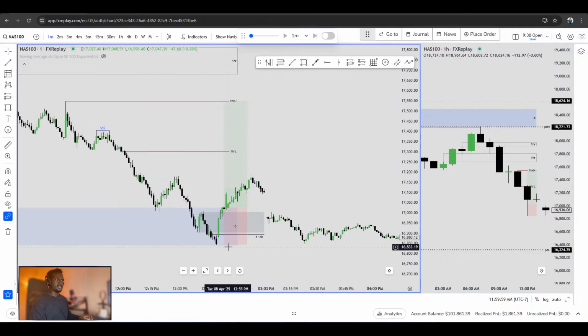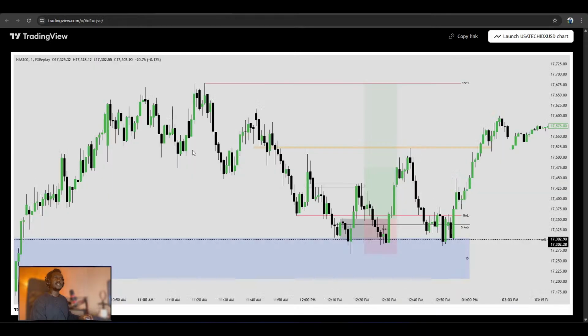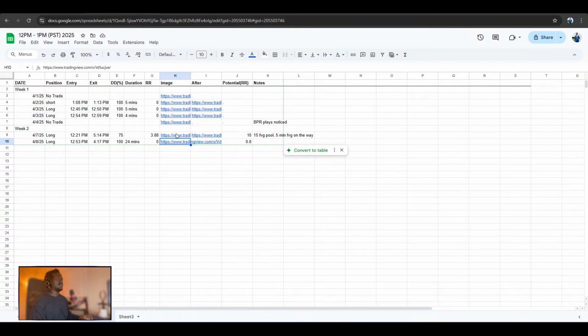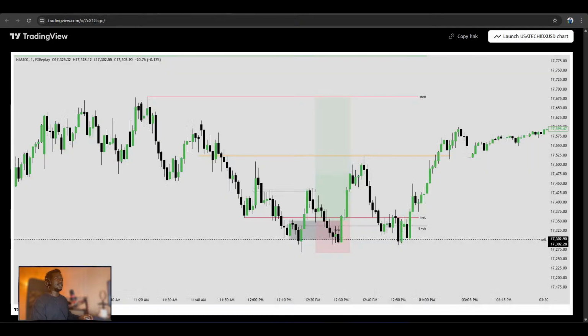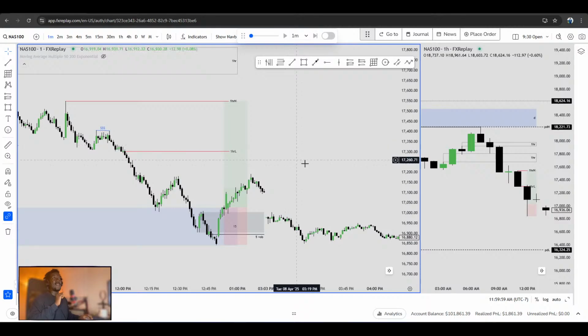So that trade was entered at. Wait, let's see. Let me find it. 12:53. What in the world is going on here? Why do we have this here? It should be this here.